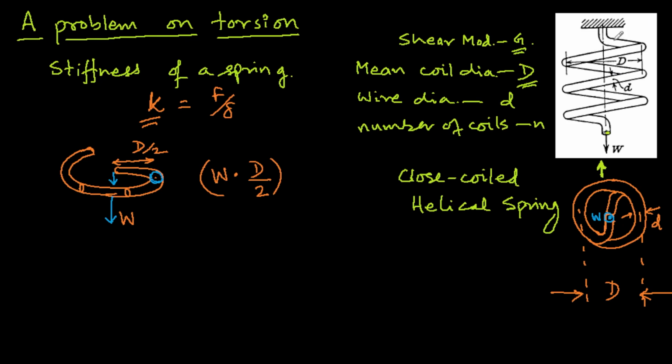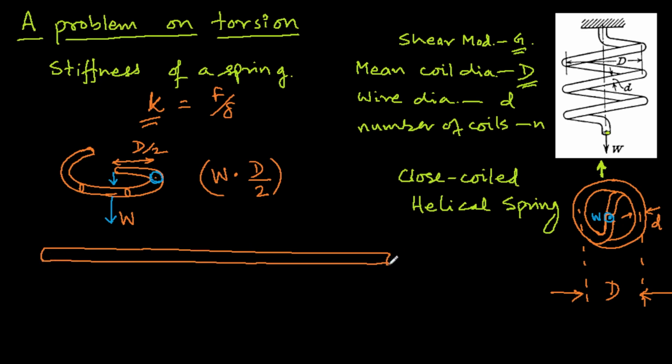So it is equivalent to, if you open this spring, the full length is something like this, and at this end the torque of W into D by 2 is applied, and on this side it's fixed, and this full thing is rotated.